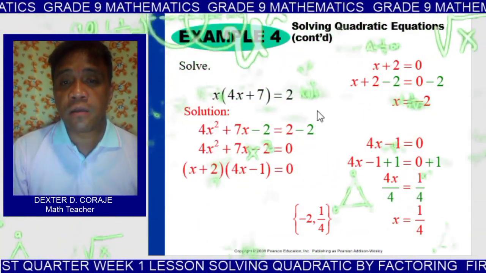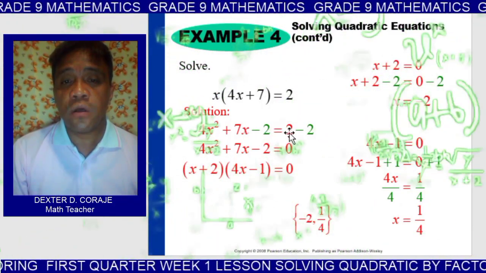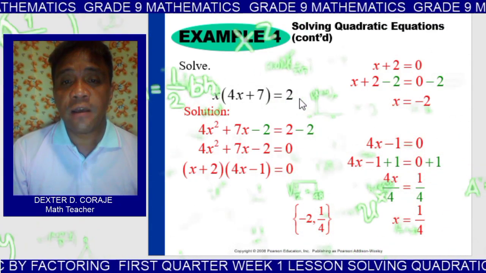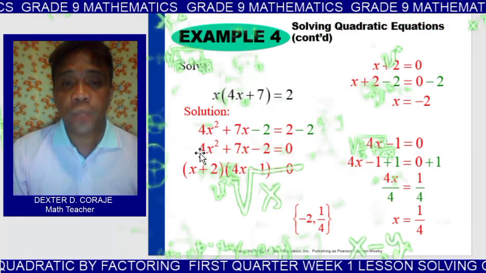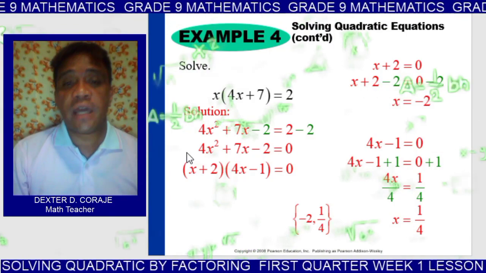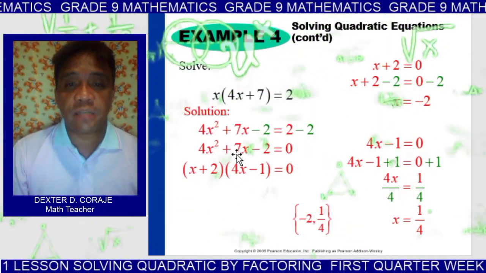Since we have 2 in the right side, add both sides of the equation by negative 2, so that the 2 on the right side becomes 0. So we have now 4x squared plus 7x minus 2 is equal to 0. Then factor the 4x squared plus 7x minus 2 equals 0.